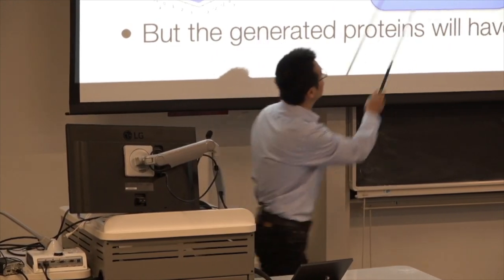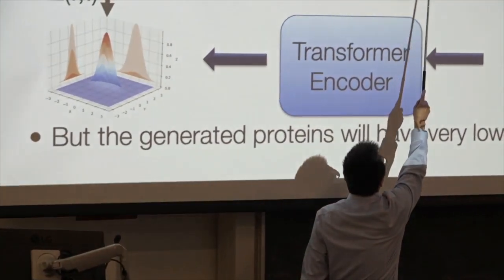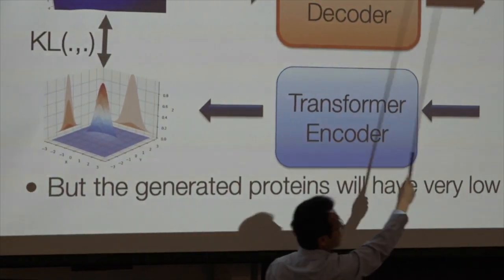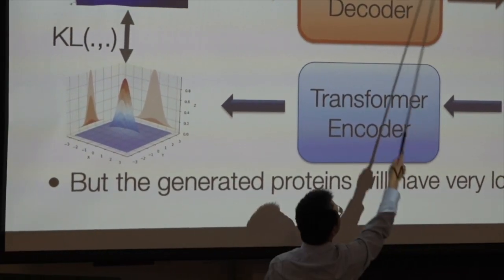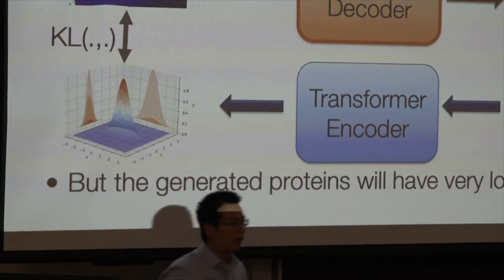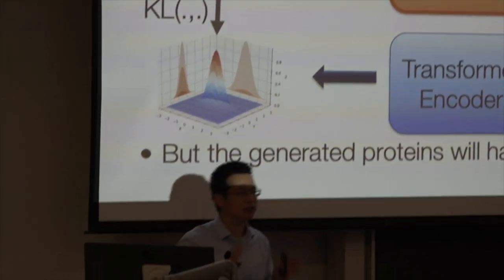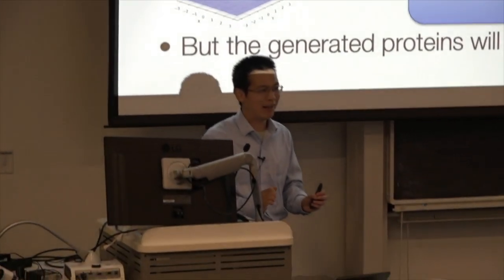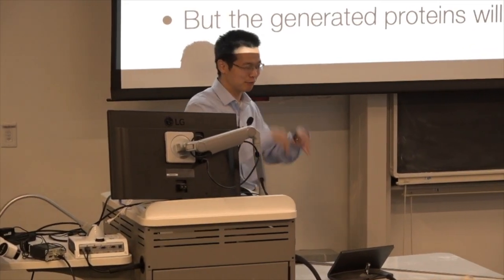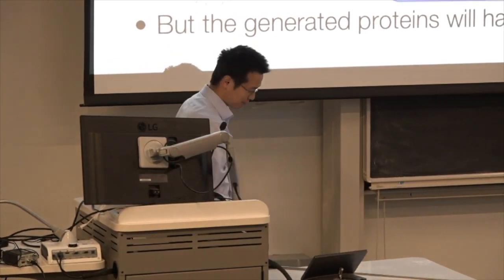But if we decompose, then this part can be trained separately with lab data. That's the discriminator. And for this part, we can combine all the protein data to train a raw protein generative model. And we have a lot of data for that from the Protein Data Bank.